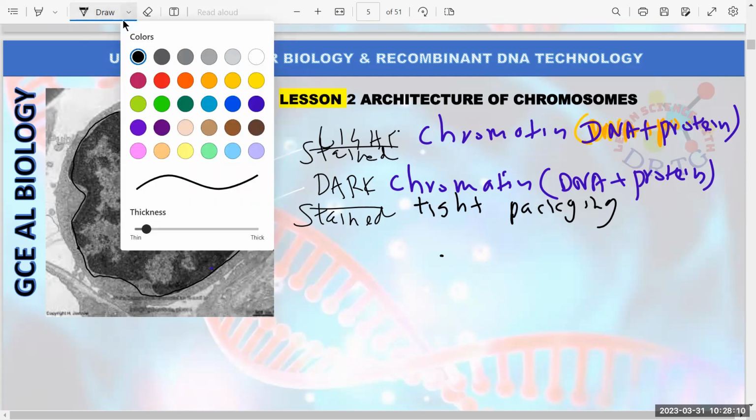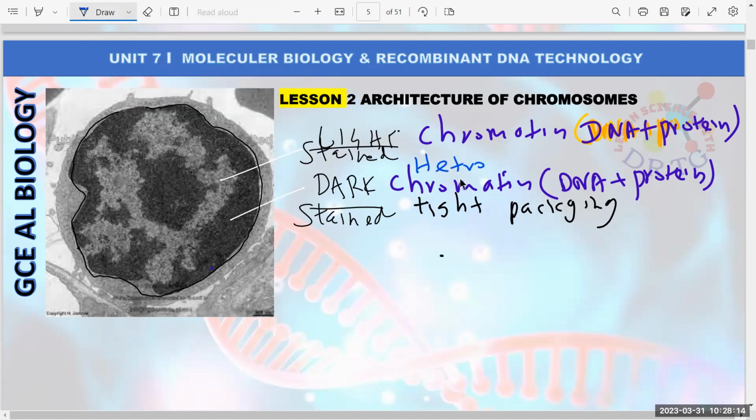As a result, we use this term heterochromatin. So these dark chromatins are heterochromatins, and this one is loosely packed, so it's called euchromatin. Euchromatin and heterochromatin.